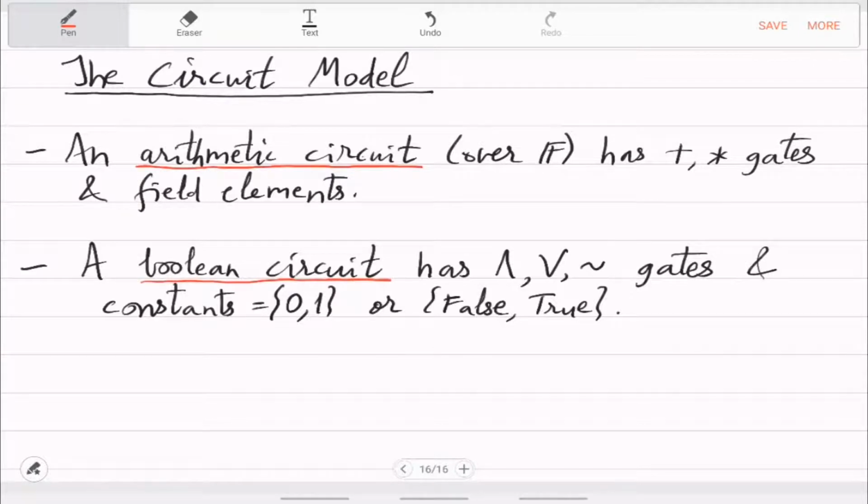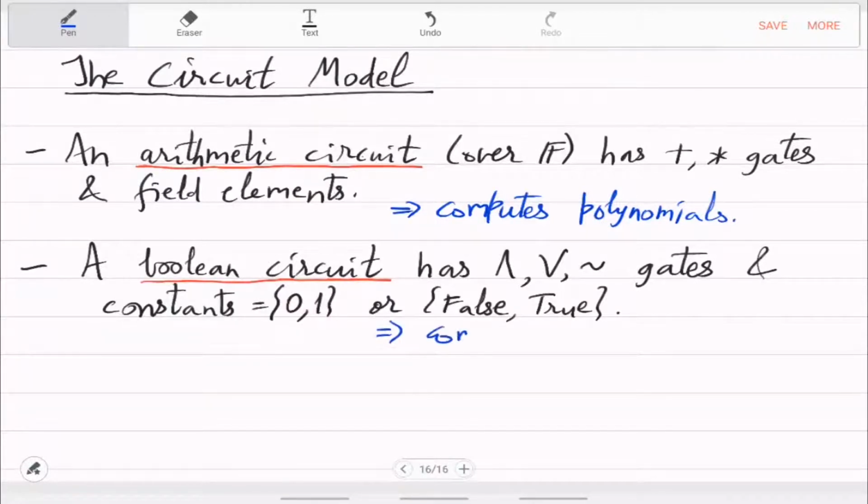So what does an arithmetic circuit compute? Well, as you saw before, it computes polynomials. And what does a Boolean circuit compute? It computes Boolean formulas.